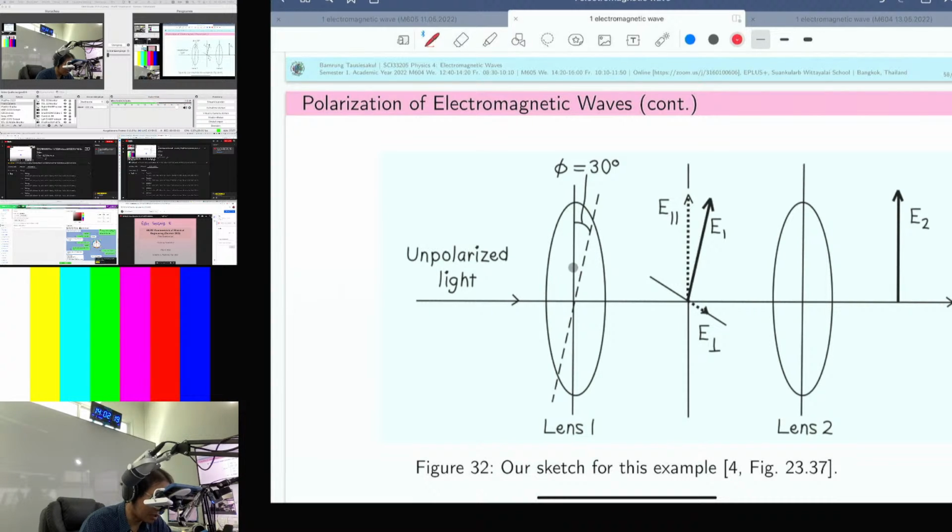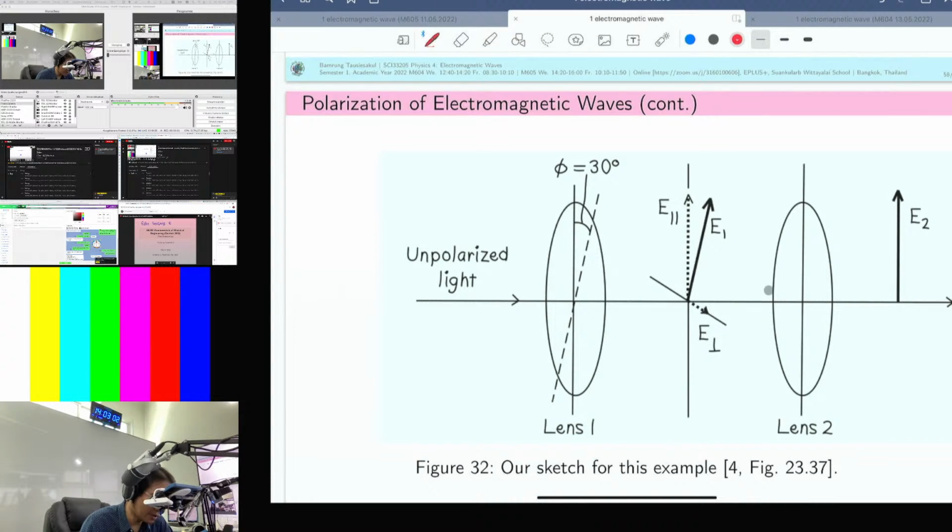The first lens is set up like this with an axis of polarization, the axis that allows only the electromagnetic wave with the E field in this direction to pass through. It is tilted by 30 degrees. So of course only the light that has the E field tilted or deviated like this will get through the first lens.